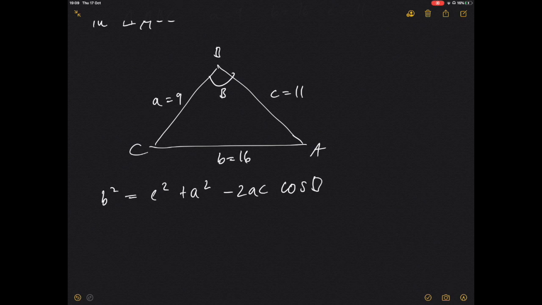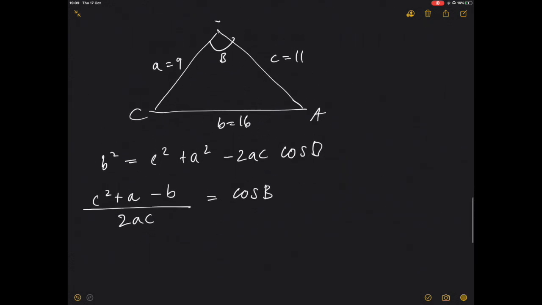Well, we need to bring all this to one side, so that would be c squared plus a squared, and then we have a minus b squared. We bring this b over, we bring it all to equal 0. That means that this would be a negative, so we have to divide by 2ac, and that would equal our cos b.